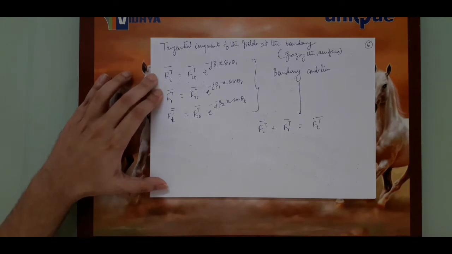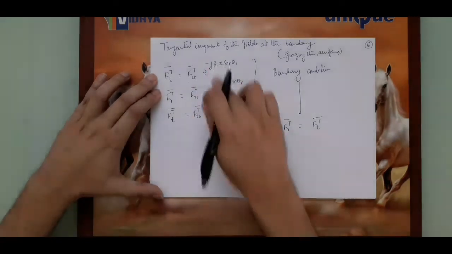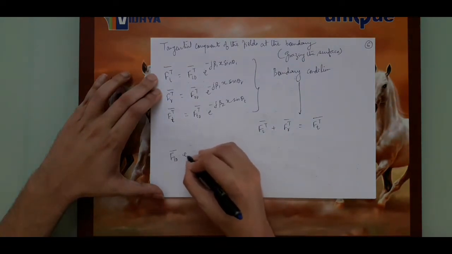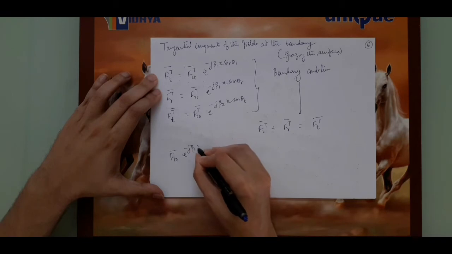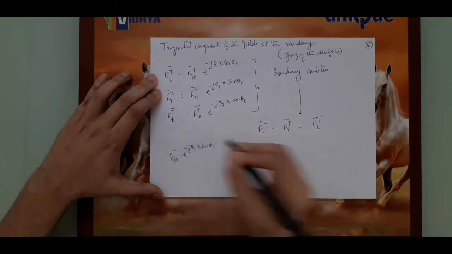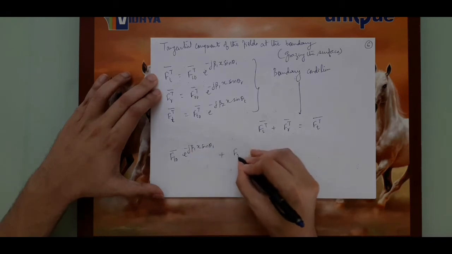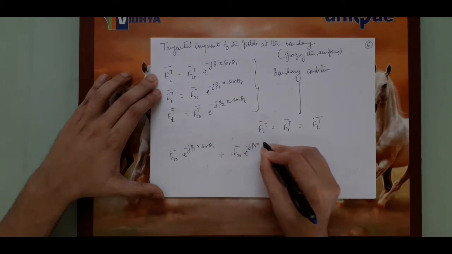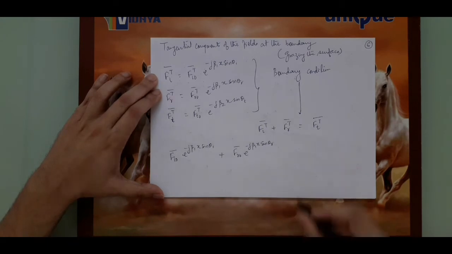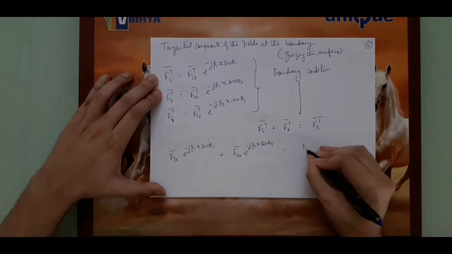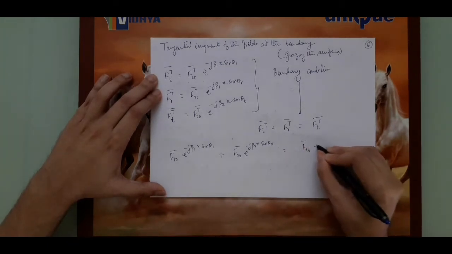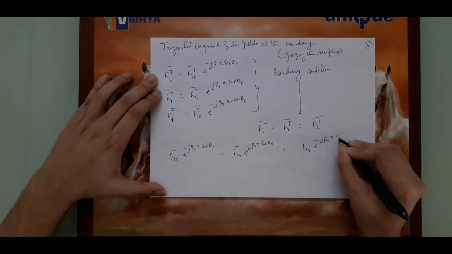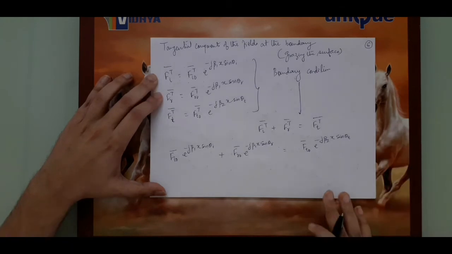Substituting these big expressions, we get Fi0 e raised to minus j beta 1 x sine theta i plus Fr0 e raised to minus j beta 1 x sine theta r will be equal to Ft0 times e raised to minus j beta 2 x sine theta t.